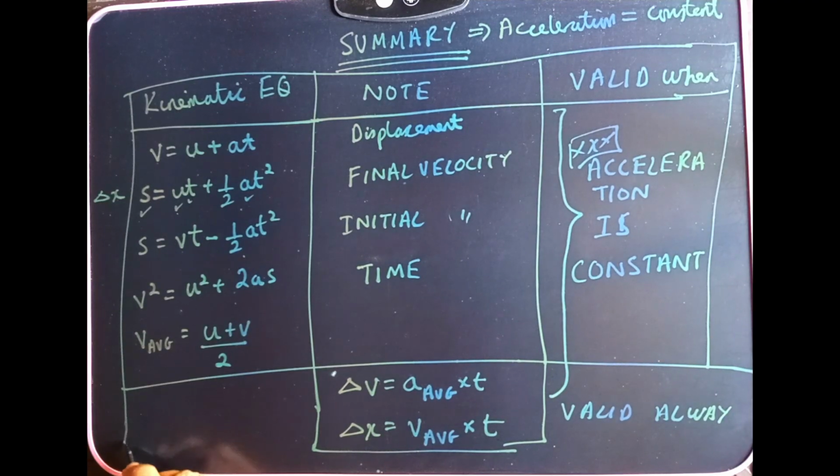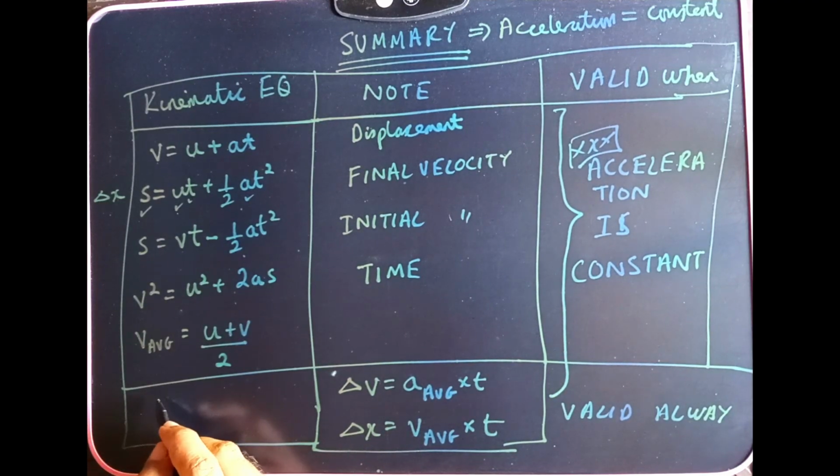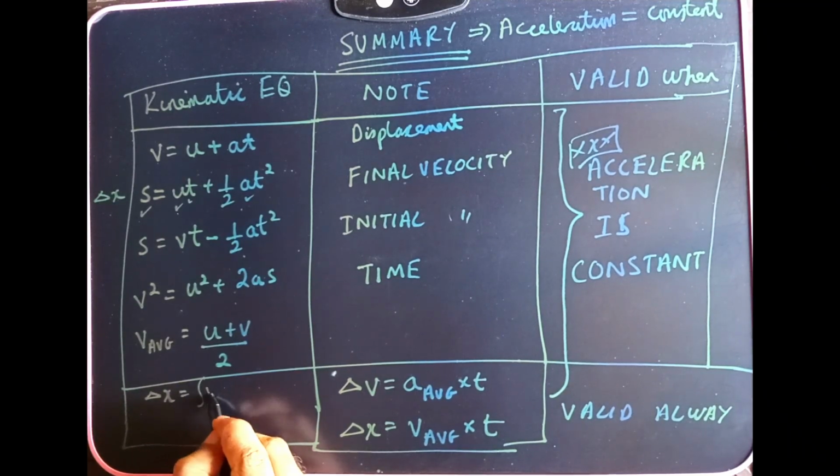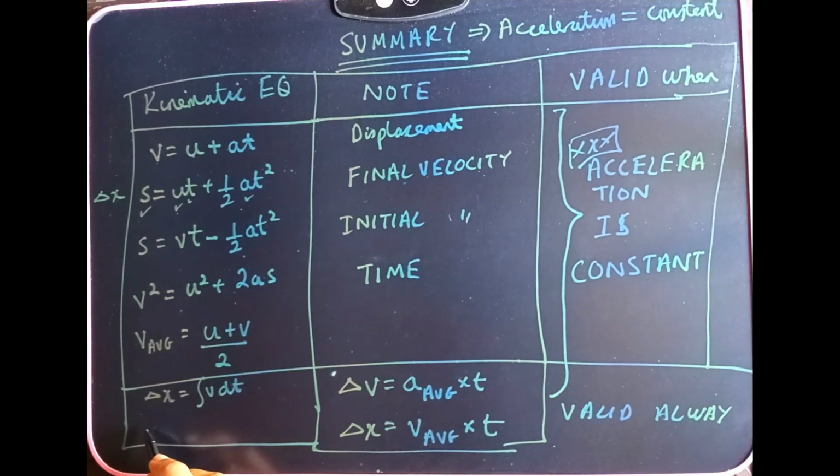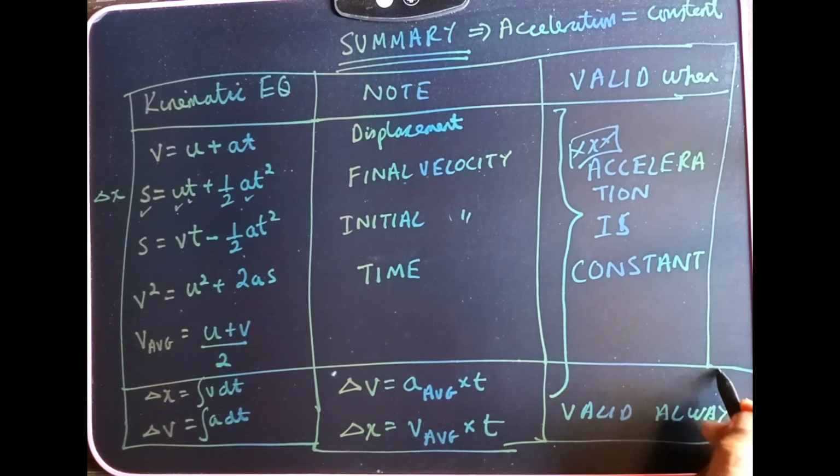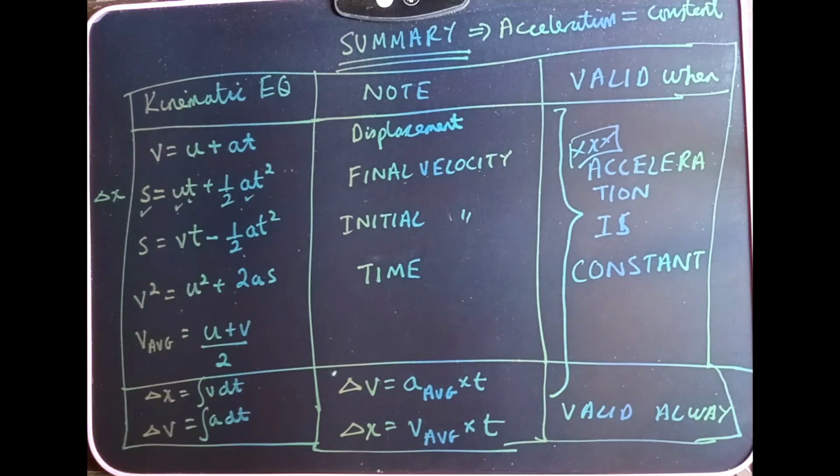Similarly, the integration is also valid always. That means delta x is equal to integral of v dt is also valid always. Delta v is equal to integral of a dt is also valid always, irrespective of whether acceleration is constant or keeps changing. These equations always hold good.